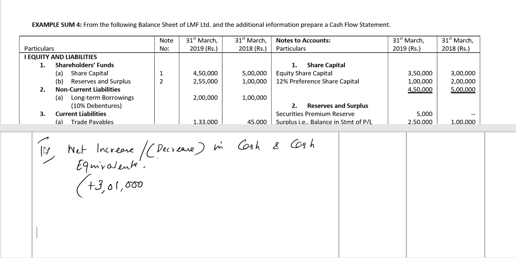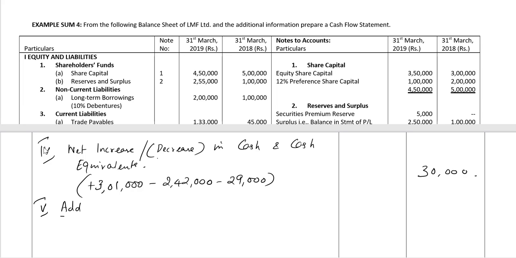In the case of investing activities, minus 2,42,000. And in the case of financing activities, it's minus 29,000 rupees. The net increase is 30,000 rupees.